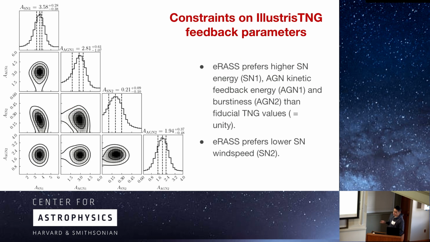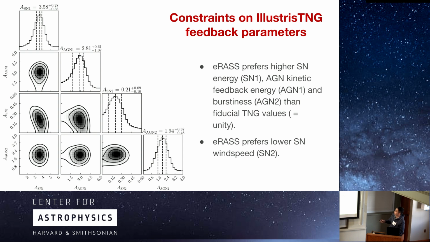With the data and with a model, we can actually put constraints on these feedback parameters. So what I did is I ran an MCMC analysis, and these are the best fit parameters preferred by the eROSITA data. The eROSITA data prefer a higher supernova energy and AGN kinetic feedback energy and burstiness for the IllustrisTNG compared to the fiducial TNG values, which is a value of unity.